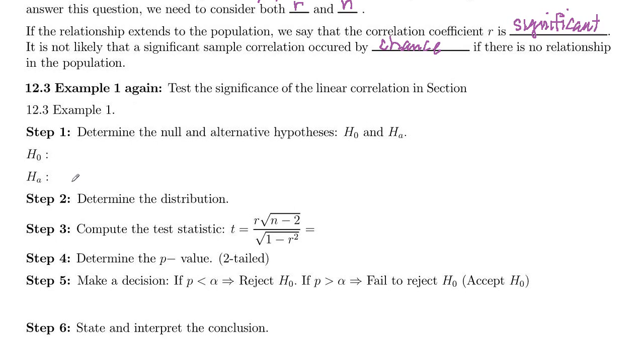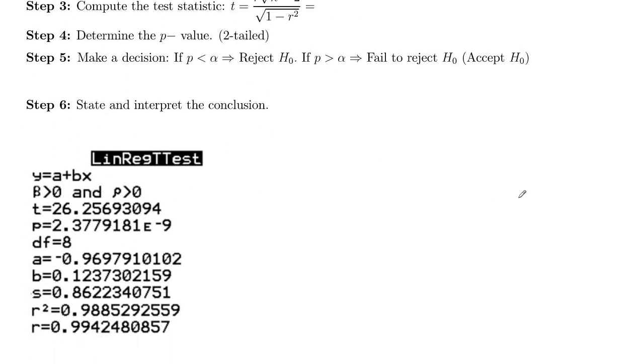The slope of the population regression line is rho, and we look back at our sample data. We had our B, which is the slope of the regression line for the sample, was 0.123. That's positive.